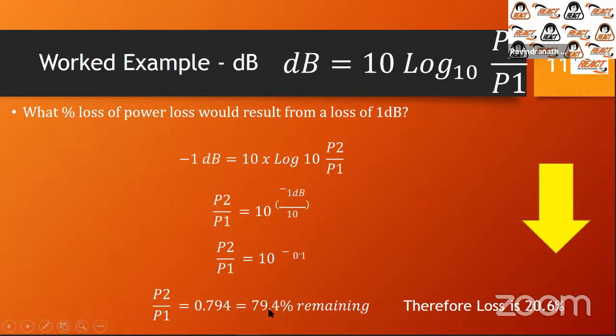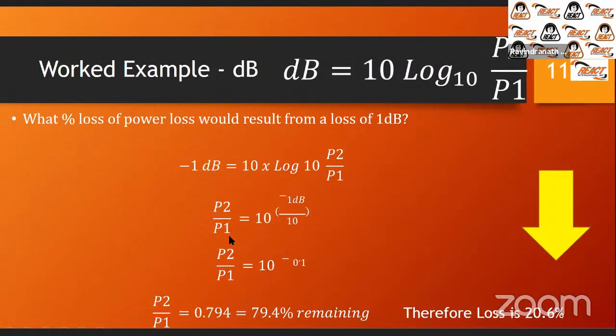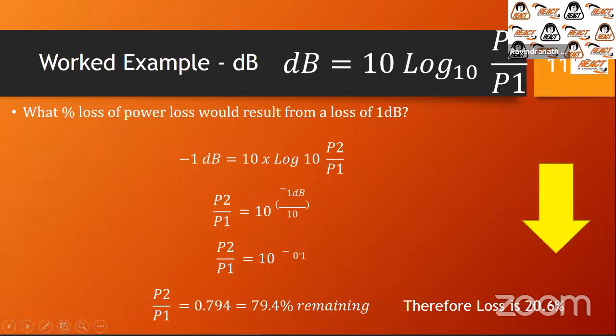And if you take 79.4 away from 100%, you get 20.6 as the loss. So that's how we get that here. Again, feel free to work through this on your own time to convince yourself that this is the correct answer. But this is how it's done, step by step, okay?